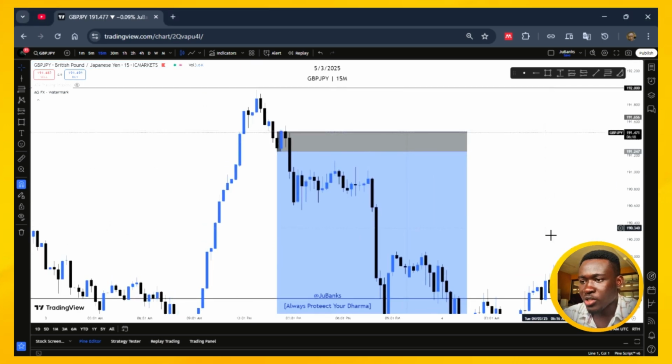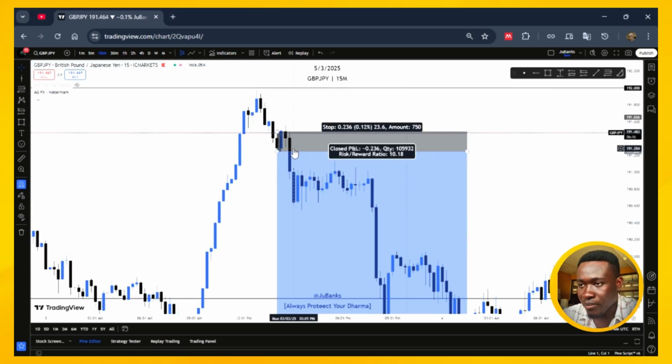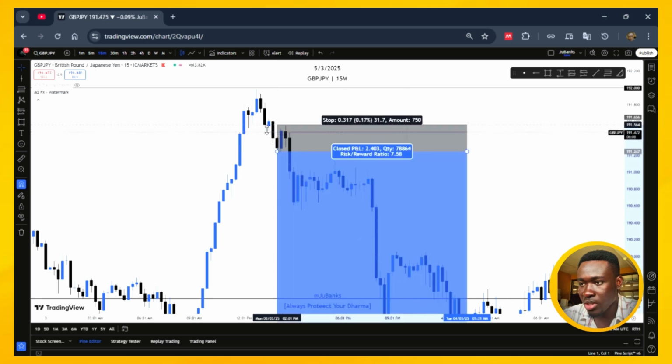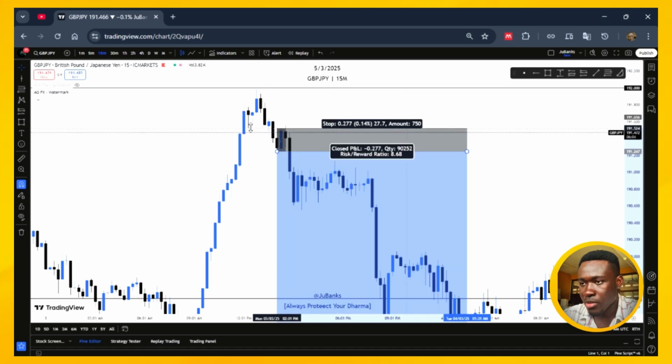I took the trade right here, and my stop loss was just about here, at the recent higher high.